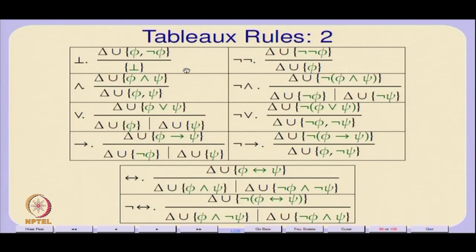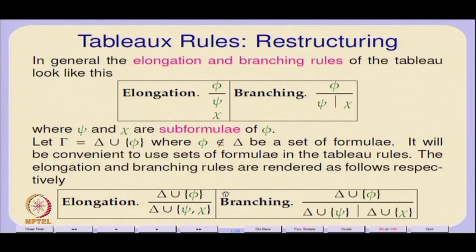Now, all the rules can be expressed in terms of these sets of formulae, and there is an interesting thing, which is that now I do not need to look at the entire tree that is actually generated. I need to look at only the leaves of the tree, because I am anyway carrying all the formulae.